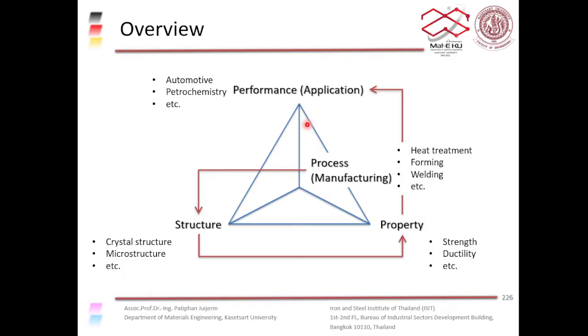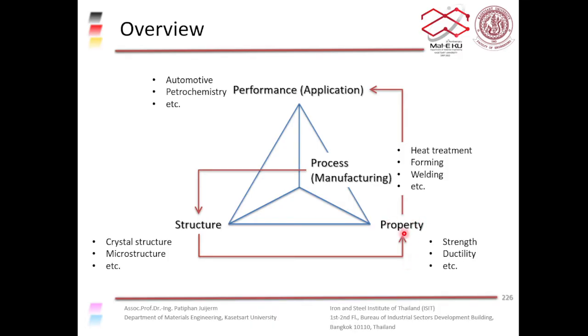The concept of this class is that you should understand the relationship between the manufacturing process, the effects of these processes and processing parameters, such as heat treatments, the forming process, and the welding process. These affect the structures, the crystal structures, the microstructures of a material, and when the structure changes, it will change the properties like the strength, ductility, toughness, etc.